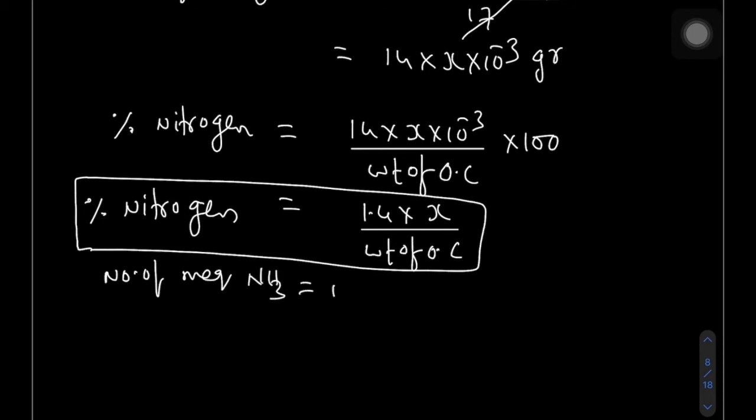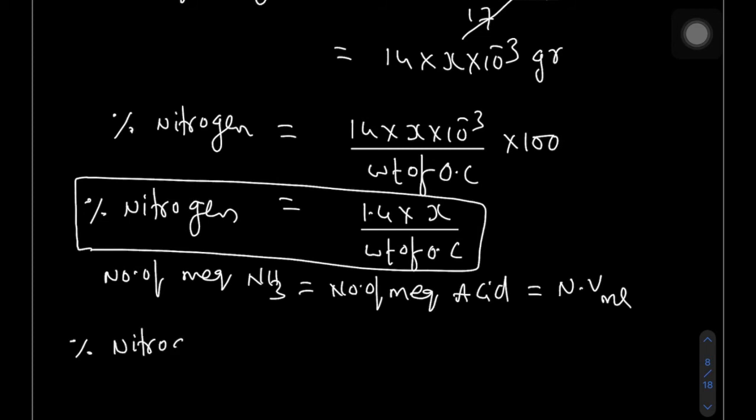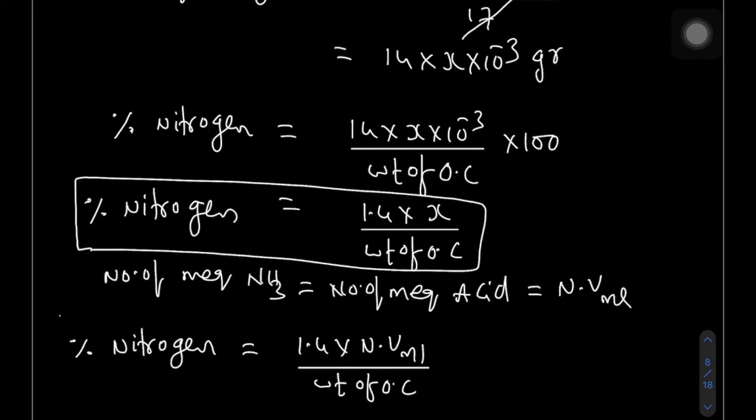Now here number of milliequivalents of ammonia will be equal to number of milliequivalents of acid. How to calculate the number of milliequivalents? Normality into volume in ml. So percentage of nitrogen is equal to 1.4 into, instead of milliequivalents, shall I write normality into volume in ml divided by weight of organic compound.